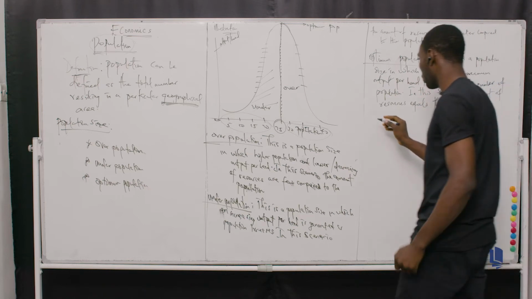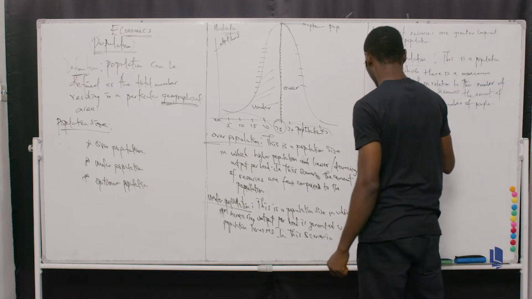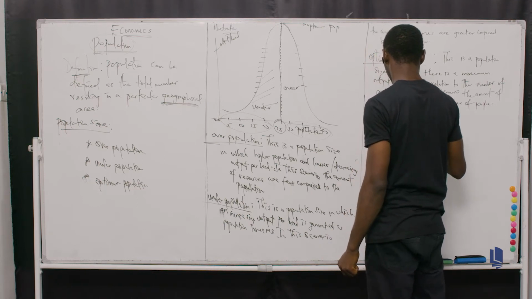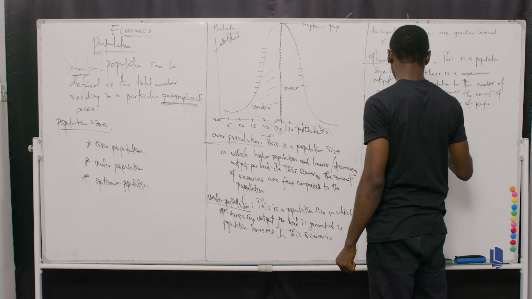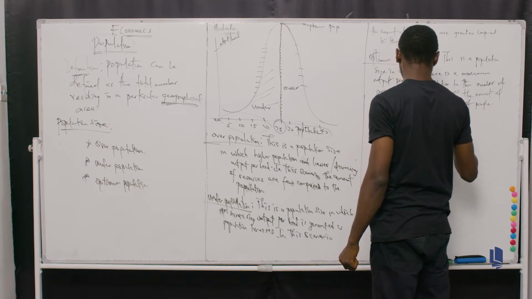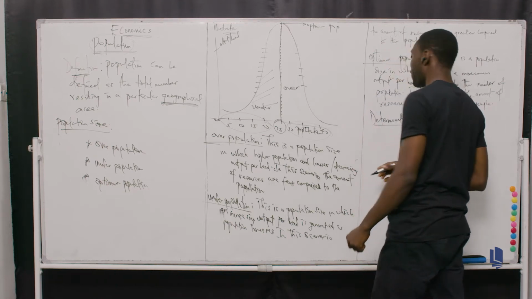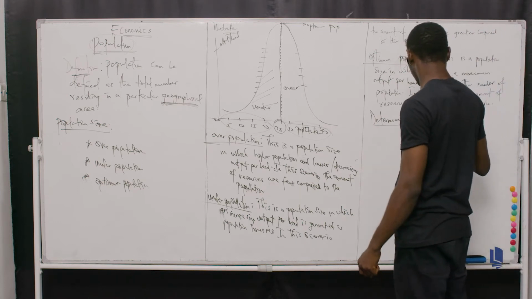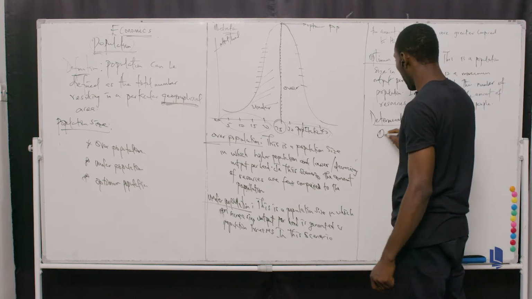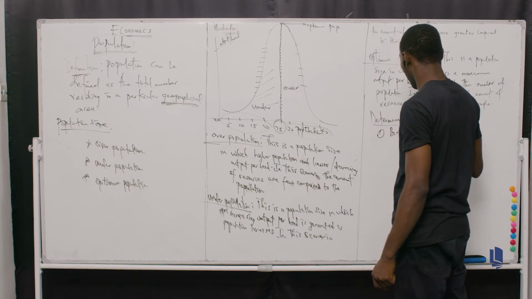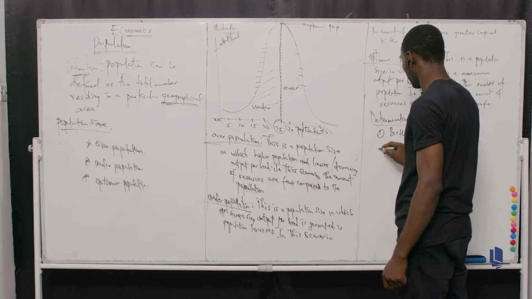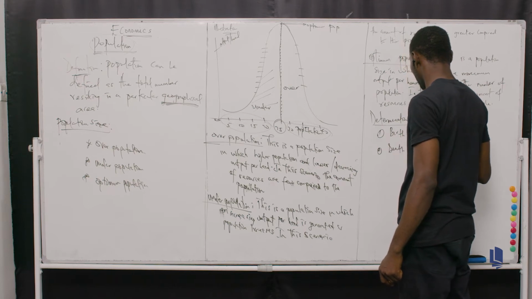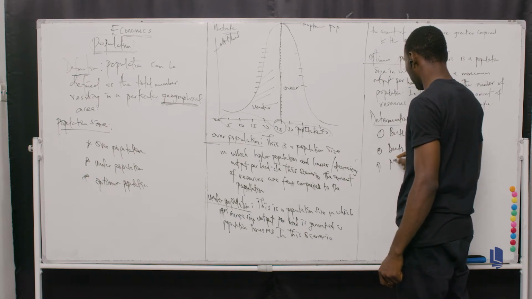So now let's move on to determination of population, or we can just say factors that influence population. Factors that influence population: 1, birth rate. 2, death rate. 3, migration.